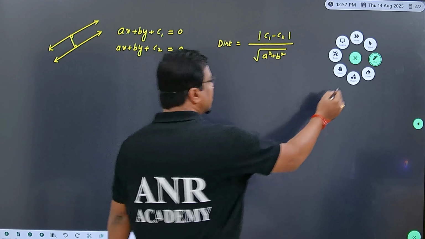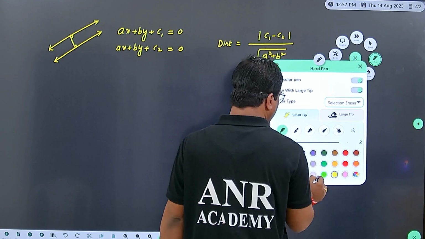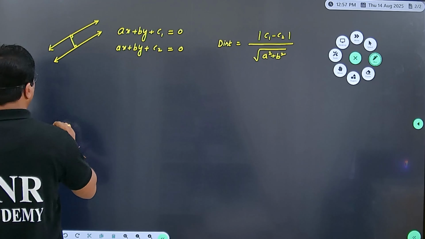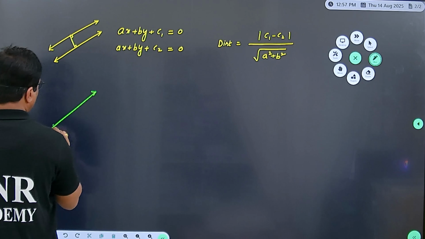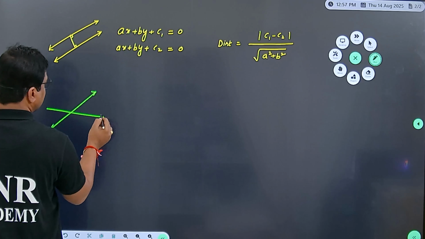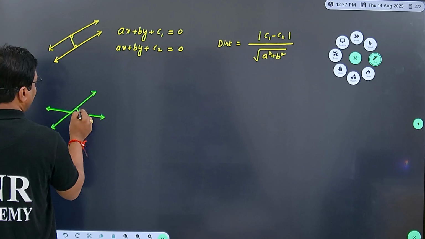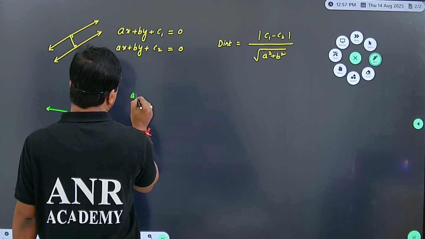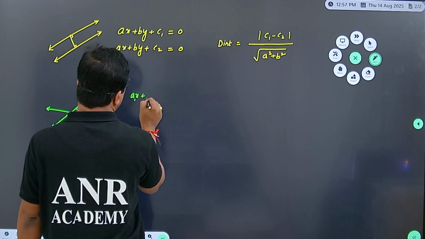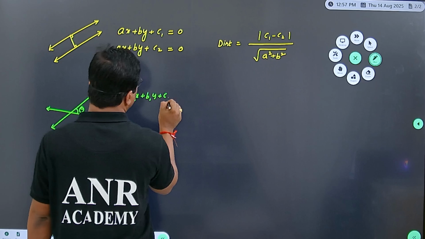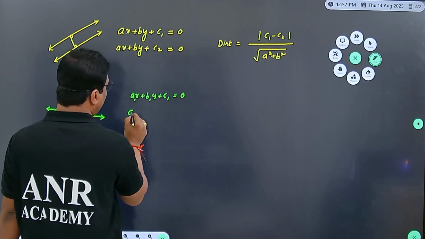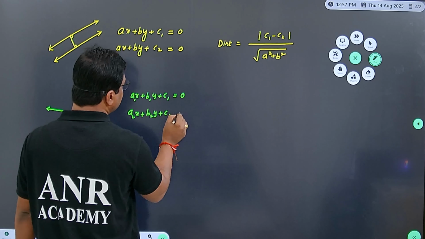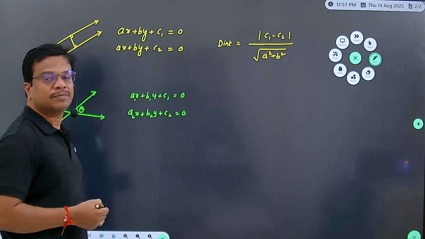Next, the second one: how to find the angle between intersecting lines. You know the formula to find the angle between the lines. Suppose the lines are a1x plus b1y plus c1 equal to 0 and a2x plus b2y plus c2 equal to 0.